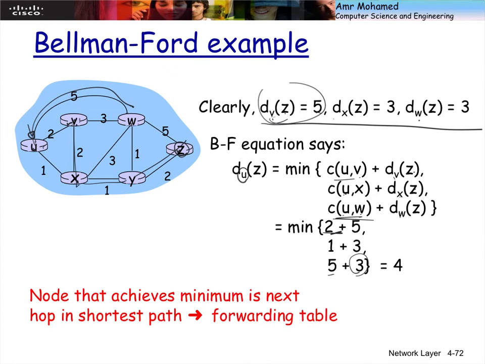So it happens that this cost is either 7 or 4 or 8. So all I need to do in that case is to say, okay, it's 1 plus 3, and in that case I need to reach Z through X. So node U knows that the minimum cost to Z is 4, and to reach Z, I need to go through X.